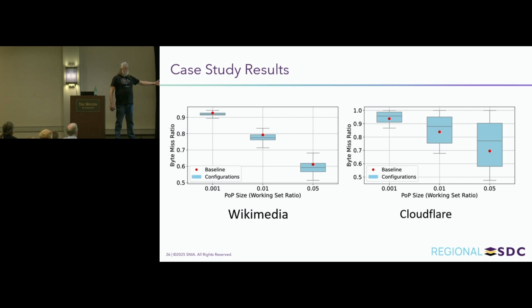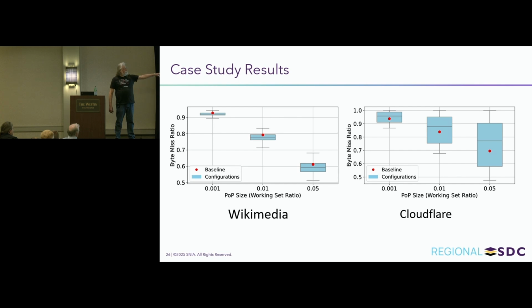And you can see that Wikimedia, being a public nonprofit organization, hasn't done that much work on optimizing their setups. And you can see that in our various different 300,000 configurations, we outperform them most of the time. You can see that Cloudflare actually spent a lot more effort in optimizing it because Cloudflare is a commercial for-pay content delivery network.